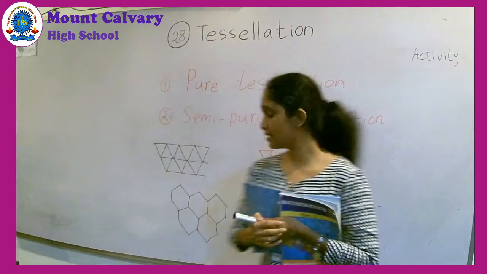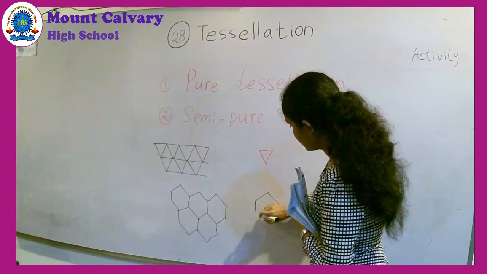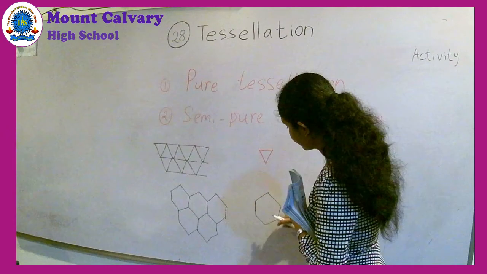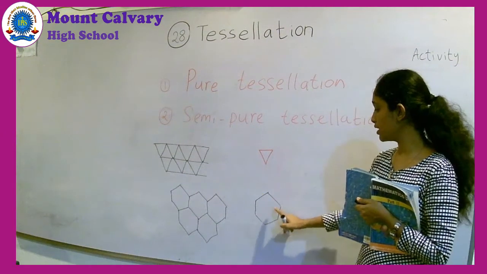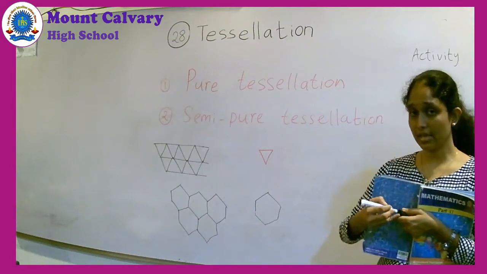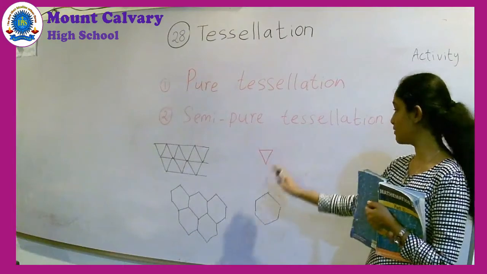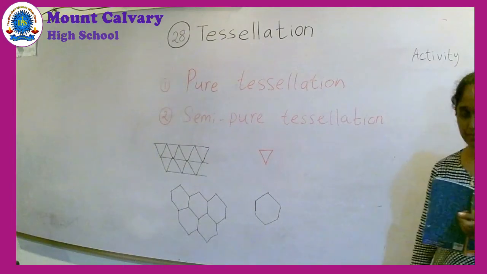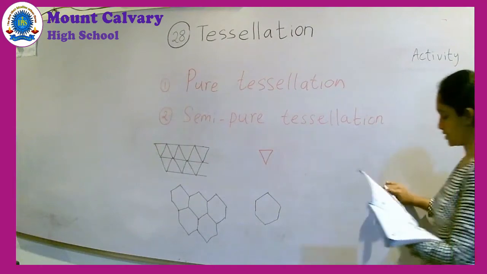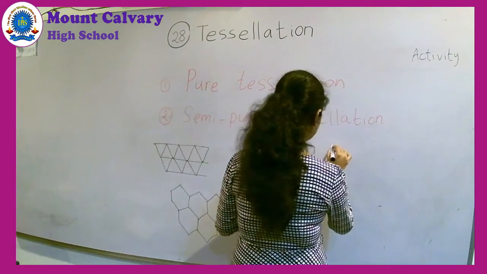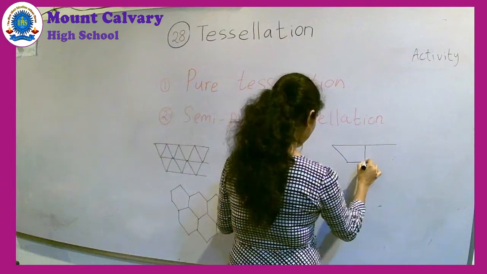You learned this in grade 7, in the second term. What is this shape? How many sides are there? 1, 2, 3, 4, 5, 6. So this is a hexagon. The shape is a hexagon. The previous one is a triangle. Now the third one. It seems somewhat different, but you know this shape.